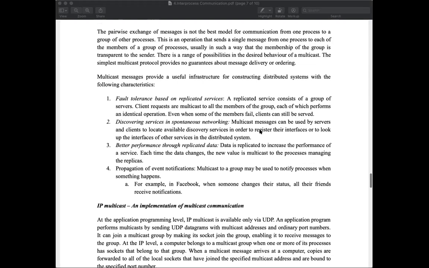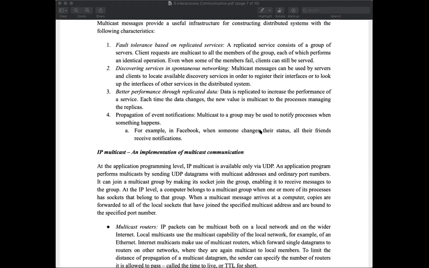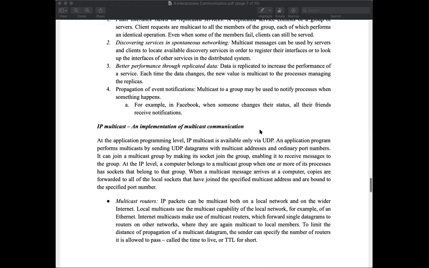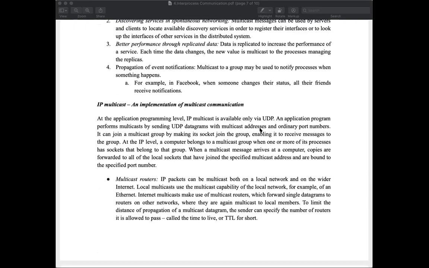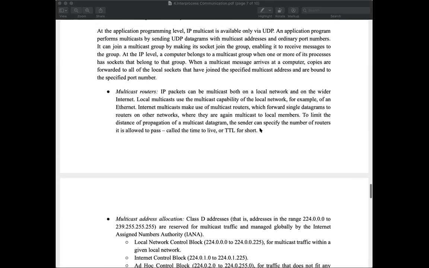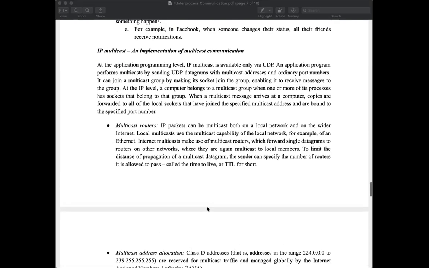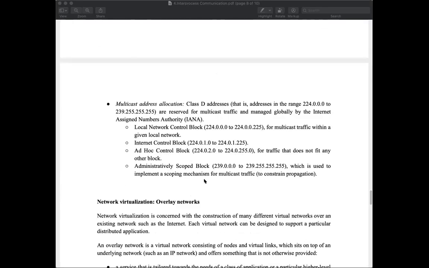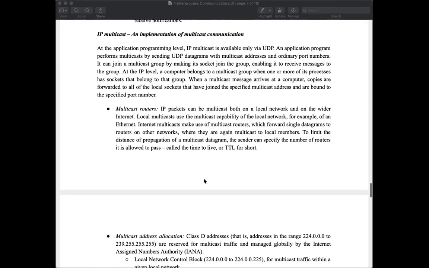So when you are looking at multicast, we can see IP multicast, right? You know IP. When looking at IP multicast, there are two implementations.